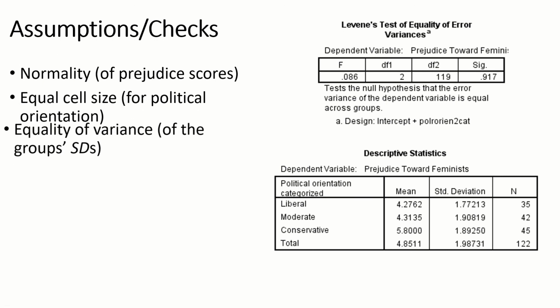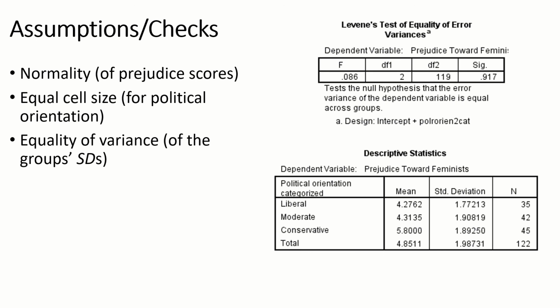And just like for the independent sample t-test, we have the equality of variance assumption that we need to meet for our between subjects ANOVA. If you look in the upper right-hand corner here, you see that we have Levene's test of equality of variance. Again, this is testing to make sure that the standard deviations for the independent groups are similar enough.